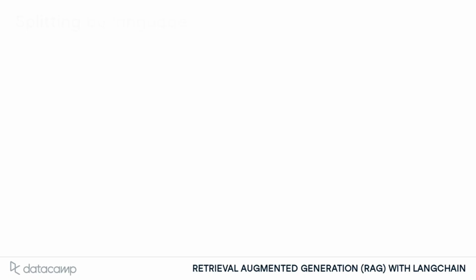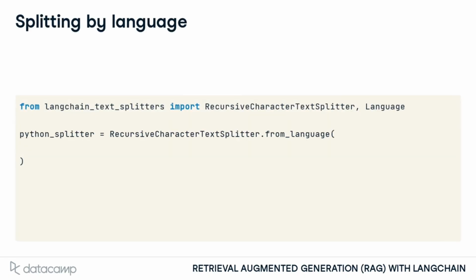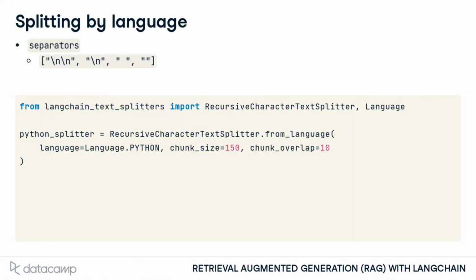Let's change this. Let's split our loaded Python file using RecursiveCharacterTextSplitter again, but this time let's use the .from_language method. This method has a language argument which refers to coding languages that we can set to Language.PYTHON, and the rest of the arguments stay the same. This will modify the default separators list from the hierarchy of paragraphs, sentences, and words to try splitting on classes and function definitions before moving on to the standard separators.